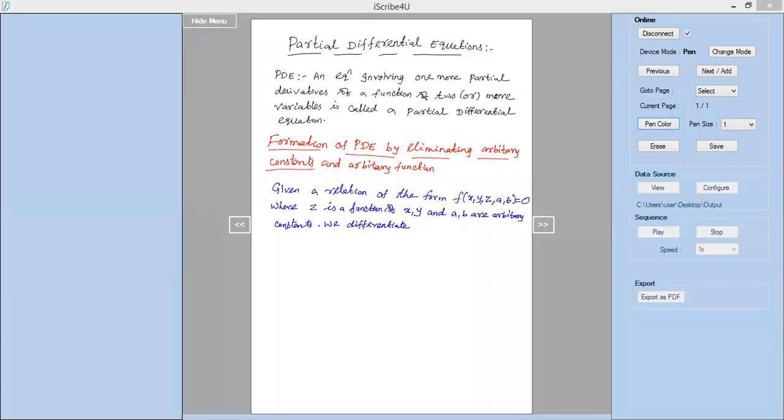We differentiate the given relation partially with respect to x and y and eliminate the arbitrary constants a comma b to form the PDE.